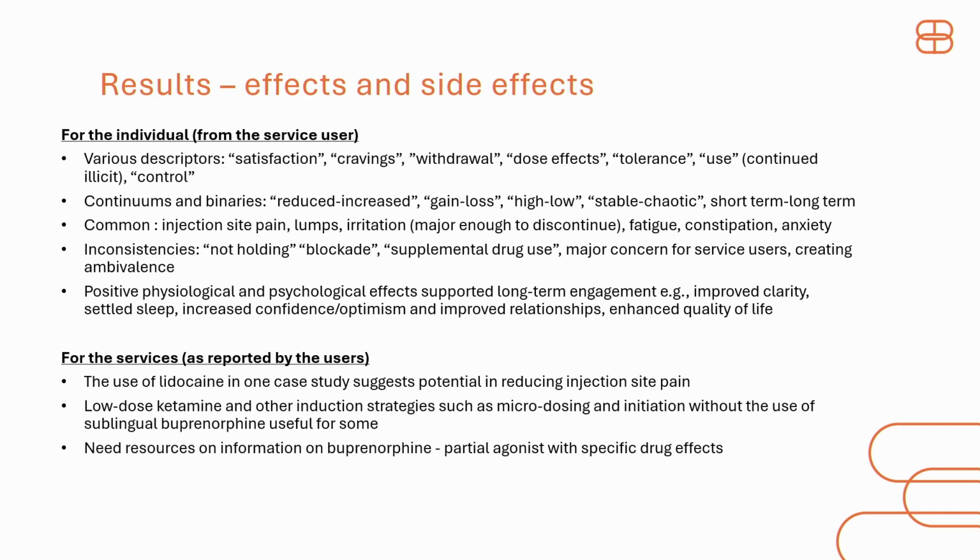Fatigue, constipation, and anxiety were also reported. There were also inconsistencies about LAIB in terms of not holding for the entire time of the cycle, whether weekly or monthly, what the blockade effect was and how that felt, and supplemental drug use, which included either sublingual buprenorphine or illicit drug use. They were all major concerns, and they also created a sense of ambivalence amongst the service users.